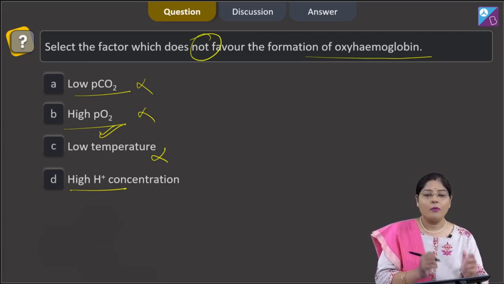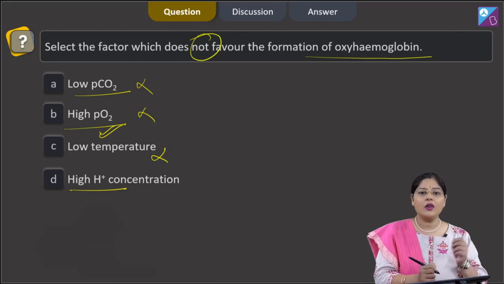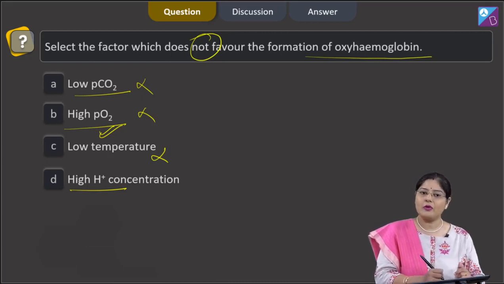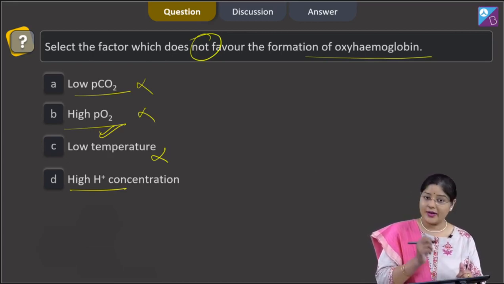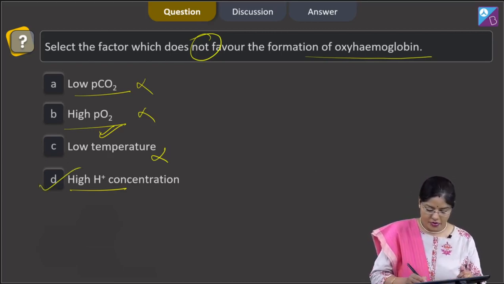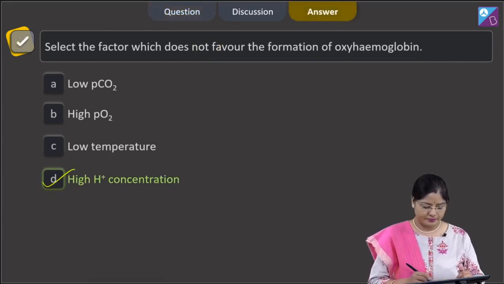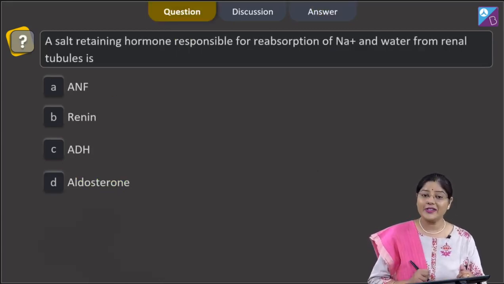So, students, Bohr's effect explains unloading of oxygen from oxyhemoglobin at tissue level due to high PCO2 and high H plus ion concentration. So, correct answer to our question is option number D, fourth option. Proceeding to the next question.